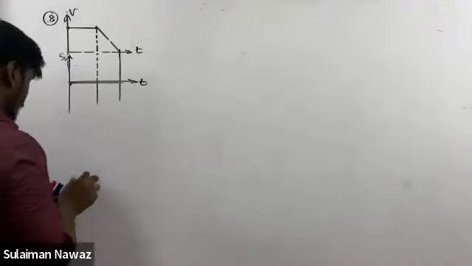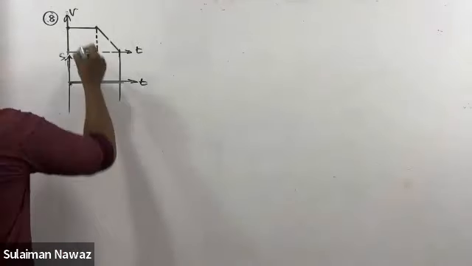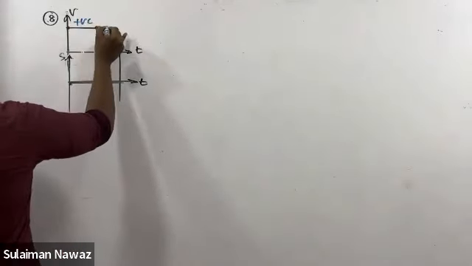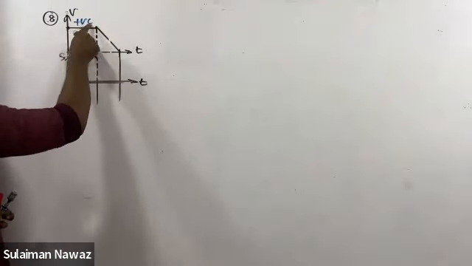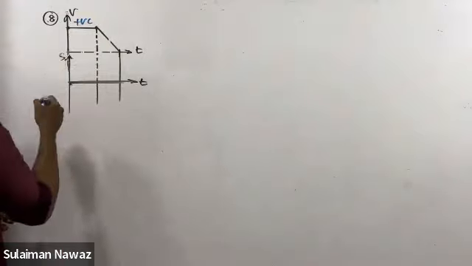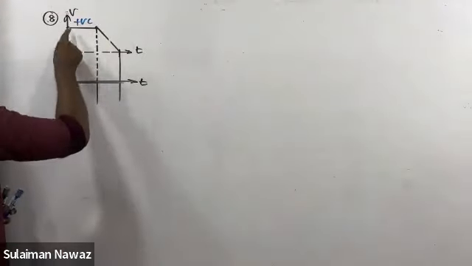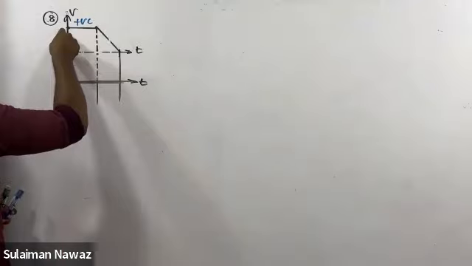Now in here, look at the y-axis: positive velocity constant. Positive velocity constant here. Sorry, my bad. Look at the second part: positive velocity decreases.